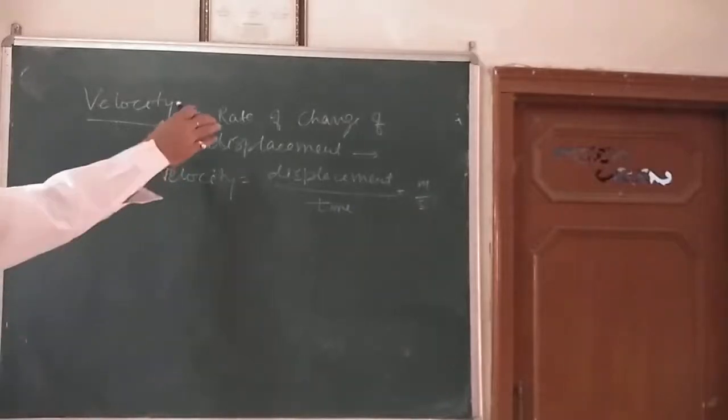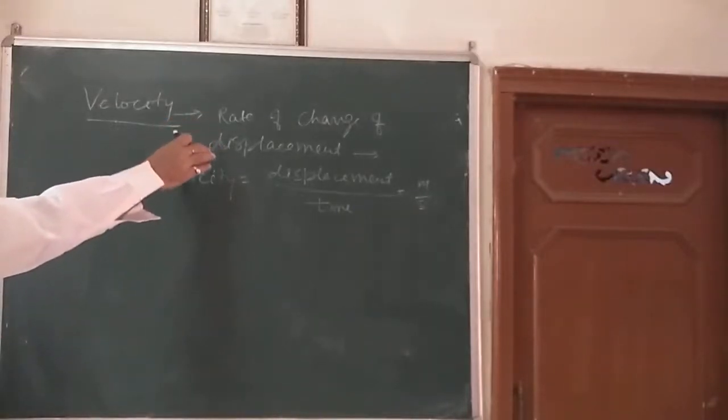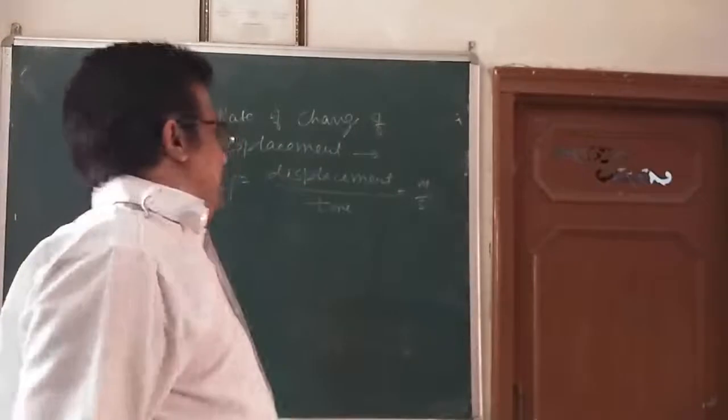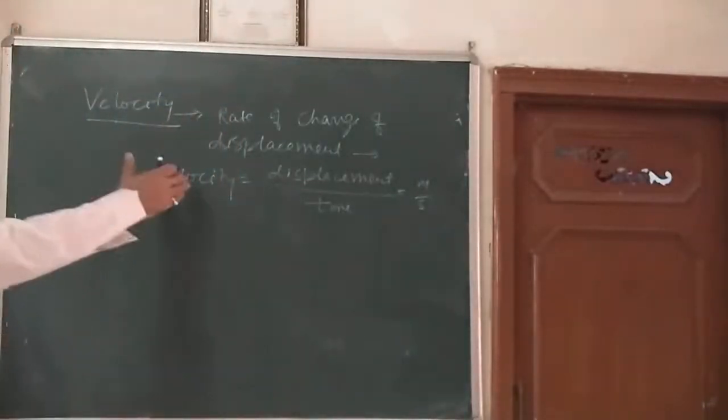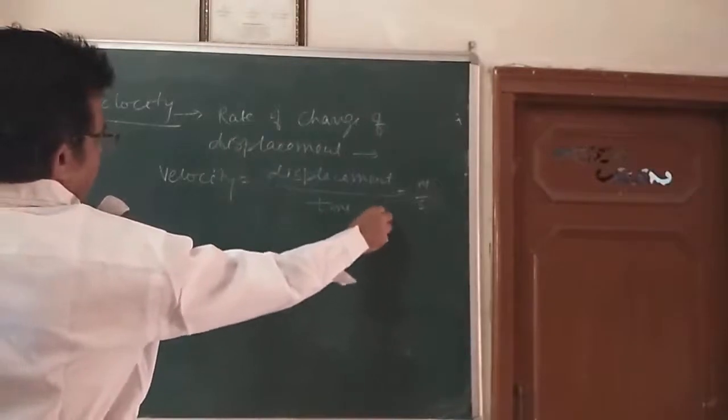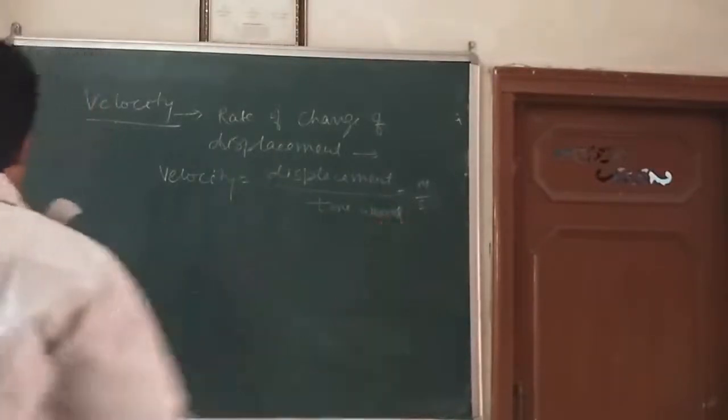The velocity of an object in motion is the ratio of the displacement and the corresponding time interval. I can say velocity is equal to displacement upon time interval.